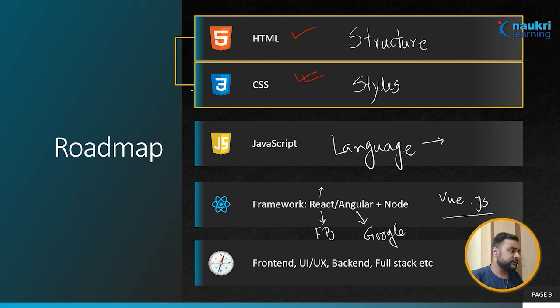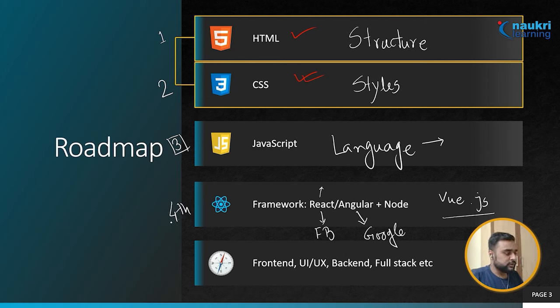After you learn HTML, then CSS, and after you master JavaScript very well, your programming should be literally very strong. After you learn JavaScript, then you should focus on these frameworks. This is the fourth step.